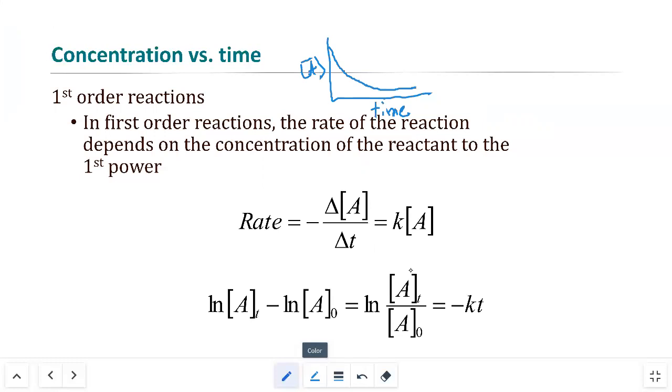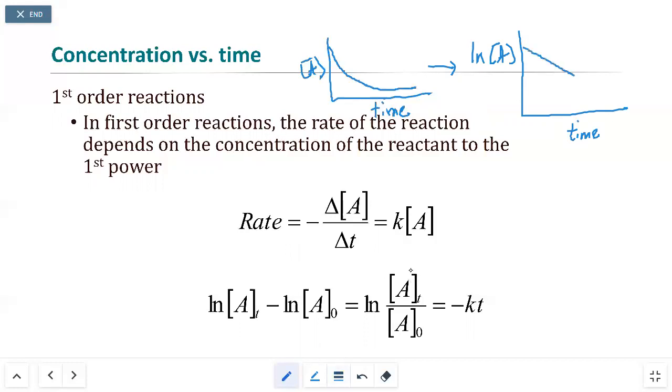But if I do the integration properly, and that integration that we're talking about here is natural log, if I convert this to a natural log plot, now I get that linear line that I saw in that zero order.